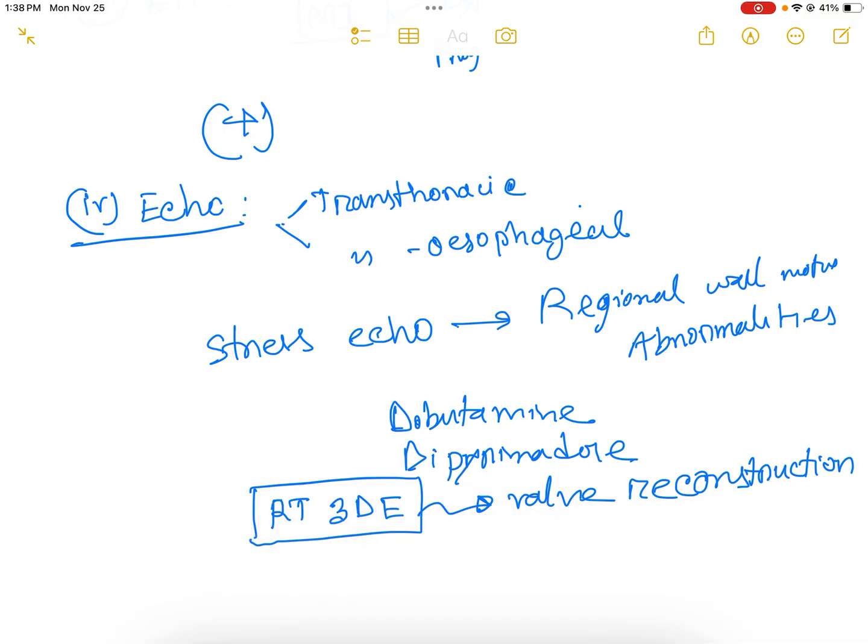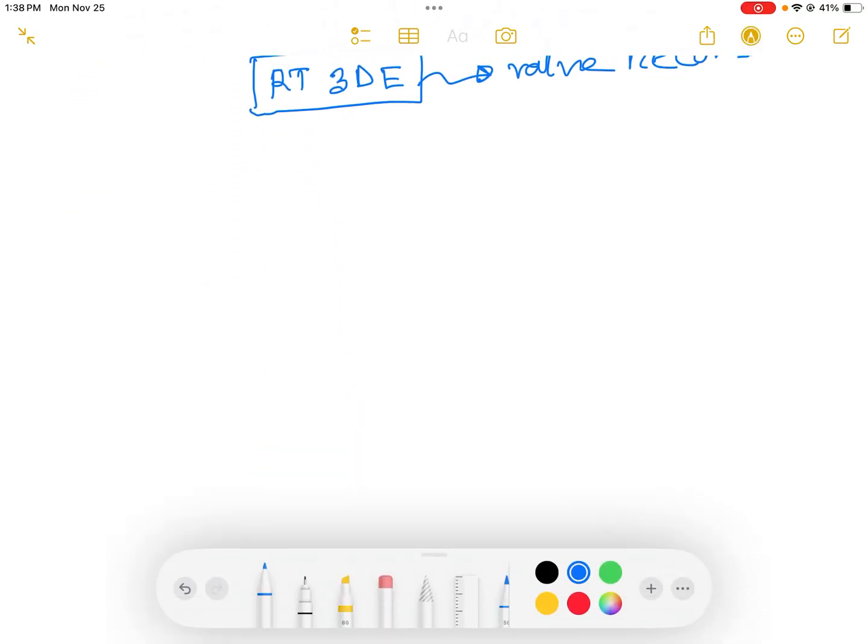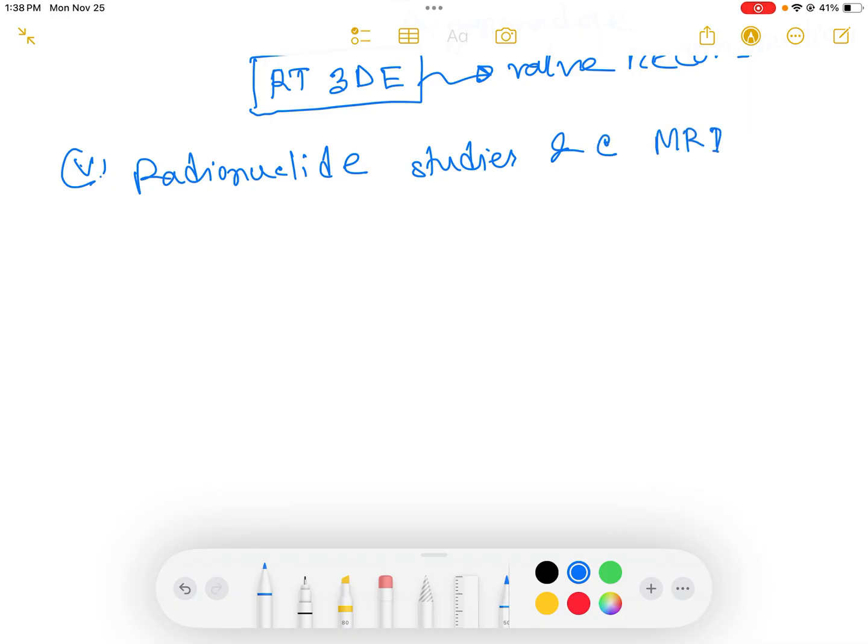Number 5, radionuclide studies and cardiac magnetic resonance imaging.